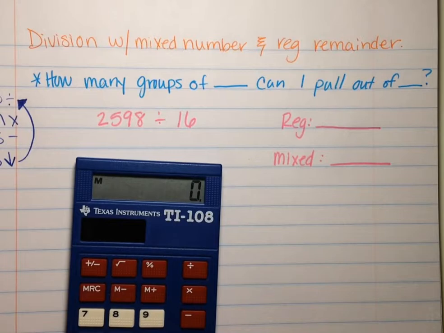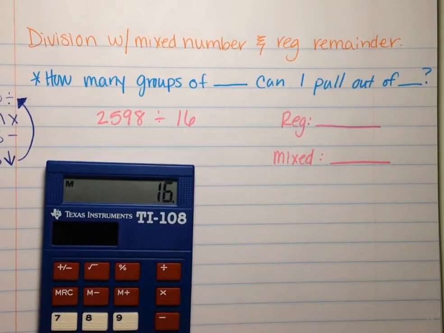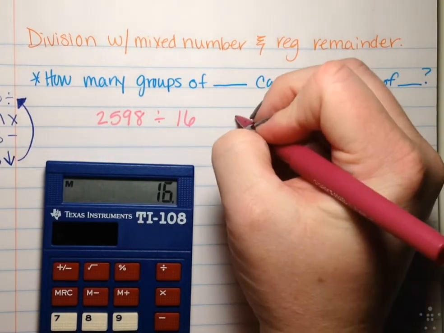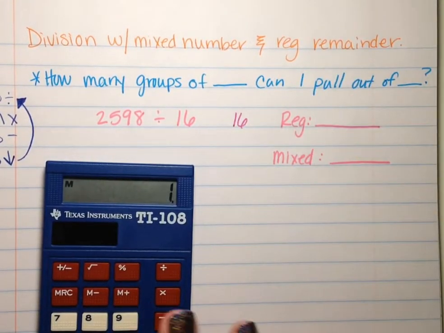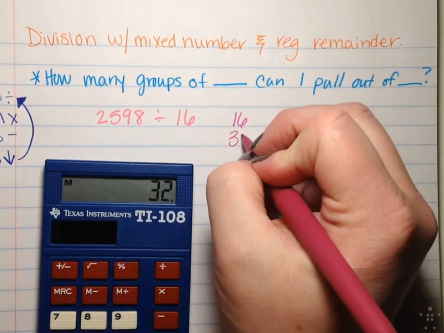I'm going to clear, clear, clear. I'm going to do 16 plus 16 equals, and that's going to give me my second multiple.